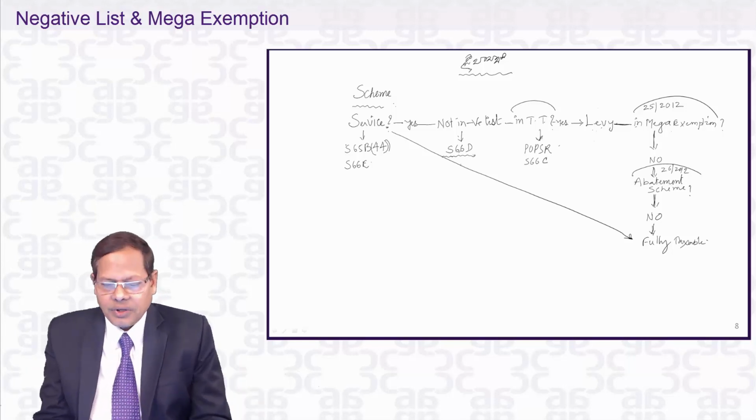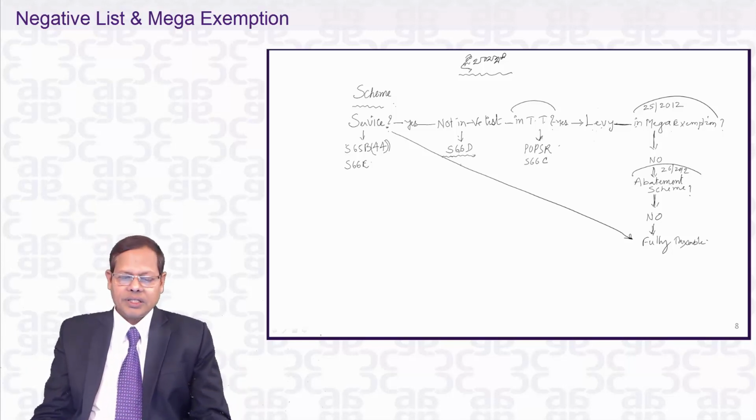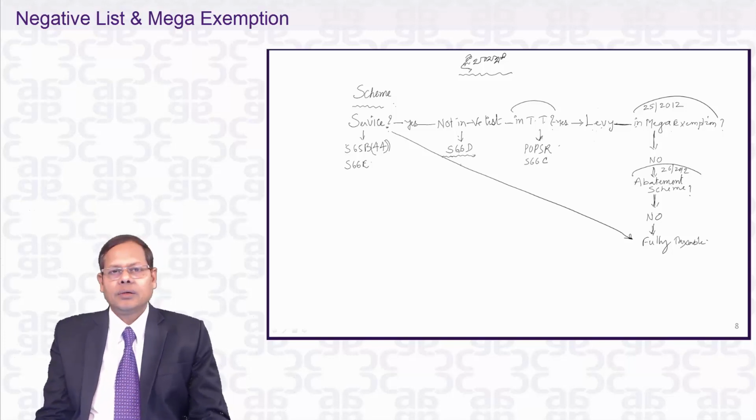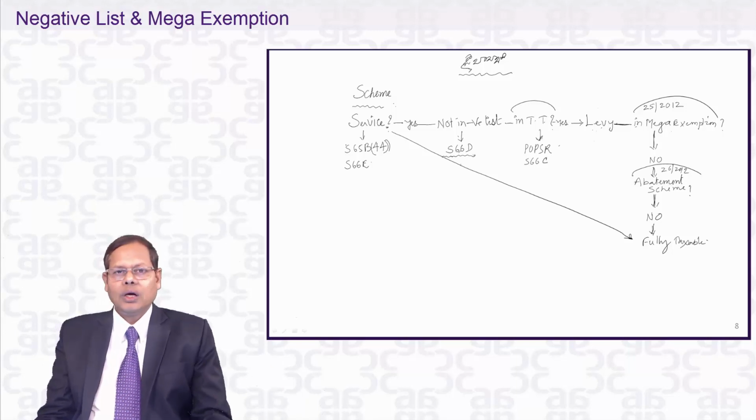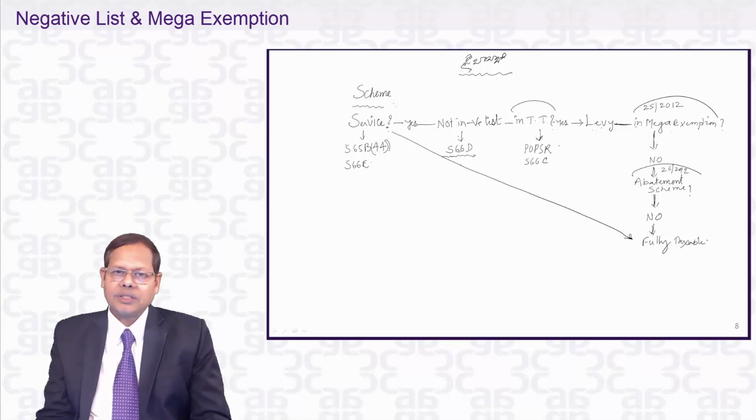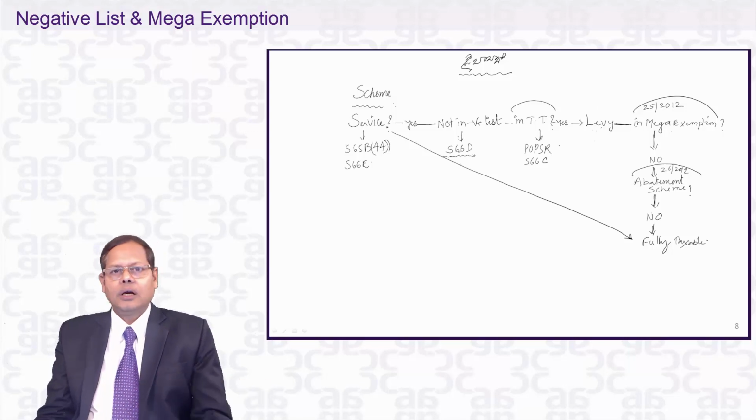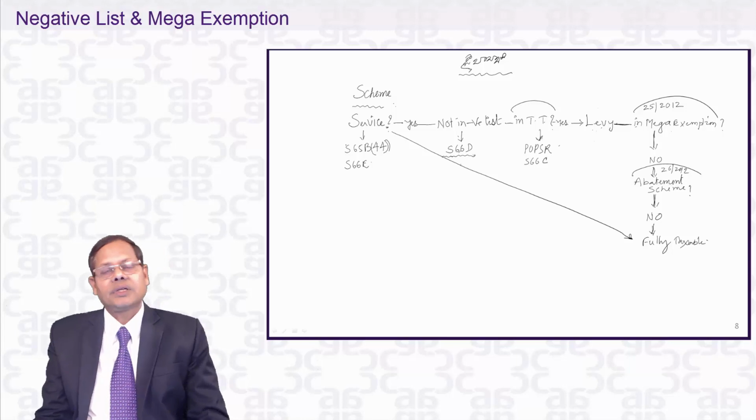So what is it that we have to look into? We have already seen these things like place of provision of services rules, etc. We have to see the scheme as a whole: what is there in the negative list, what is the scope of the entries in the negative list, and what is the scope of entries in the mega exemption scheme, and mainly the subject lies here.